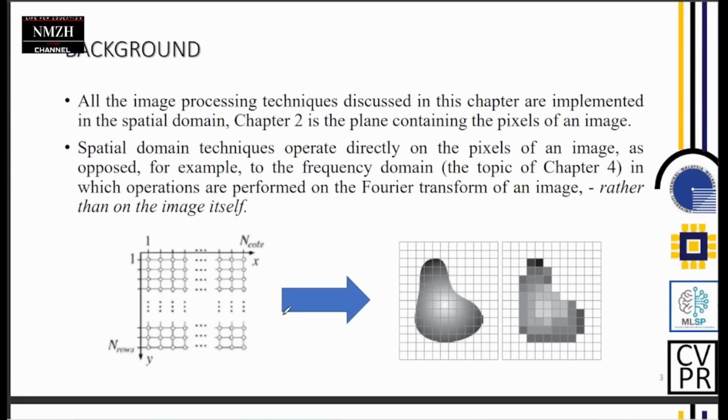intensity. All the techniques discussed in this particular chapter are implemented in the spatial domain. We discussed many parts of image processing in chapter number 2, where we use the plane containing the pixels, indicating an image.